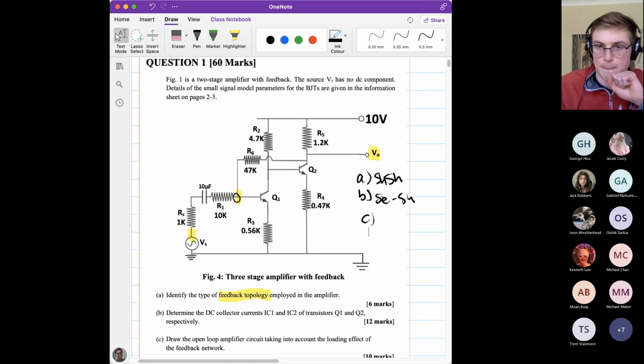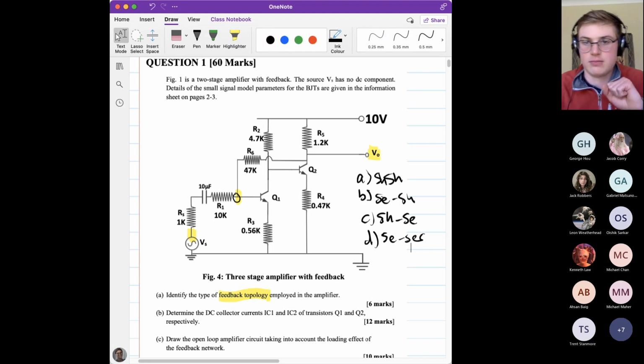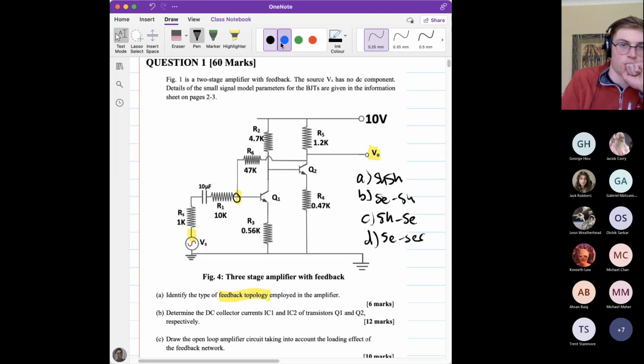Any hands? Nikki, okay. Any takers for shunt series? Okay. And any takers for series? Okay. So the majority said shunt. Let's have a look.